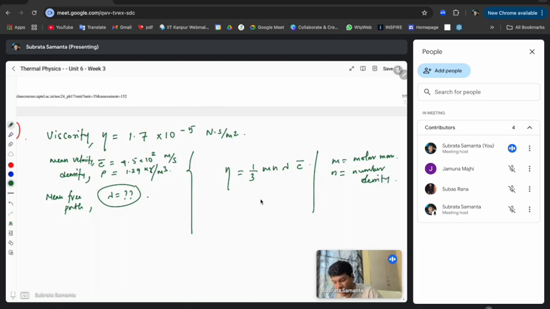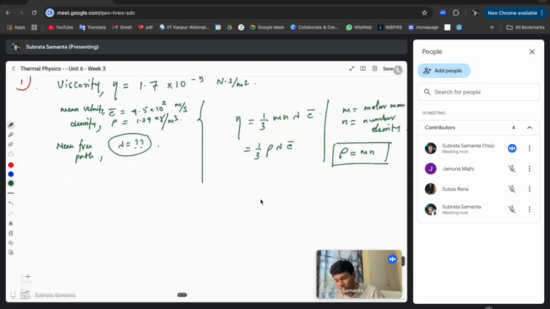Now rho is the mass density, so rho equals m times n, molecular mass times number density equals mass density. So it can be written as eta equals 1 over 3 rho lambda C average.